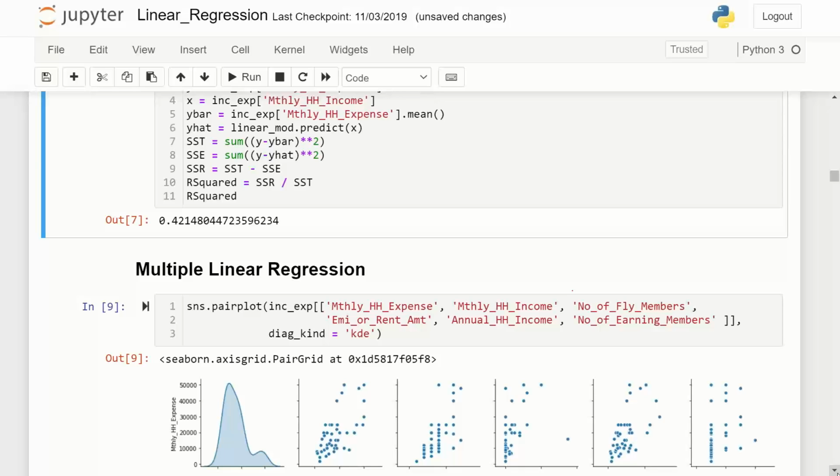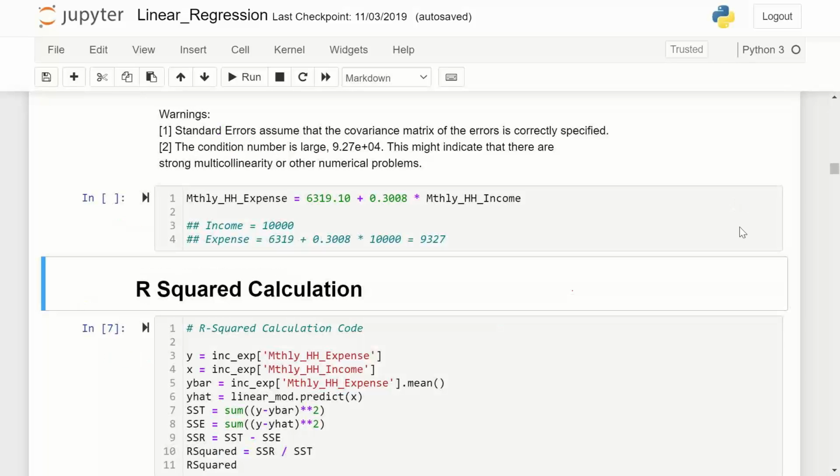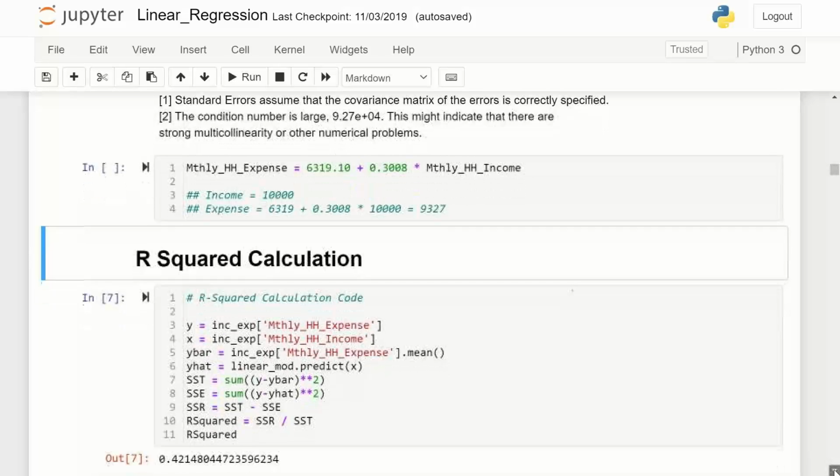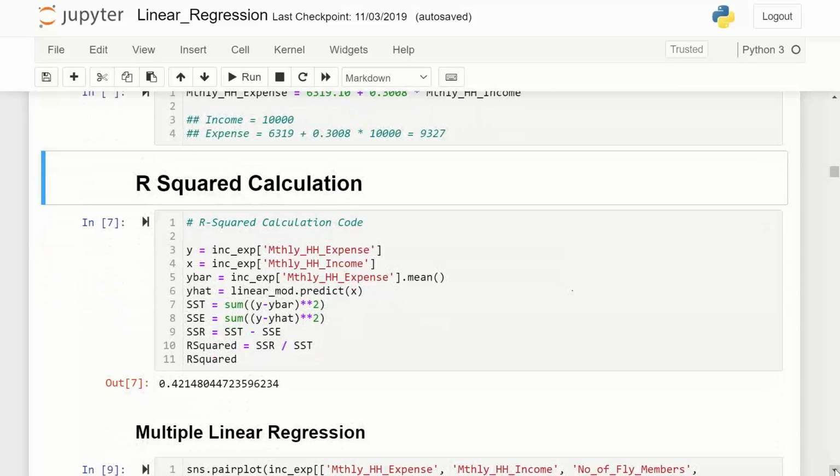In a simple linear regression, we have only one independent variable. When we have more than one independent variable, we call it multiple linear regression. So quickly we'll get into multiple linear regression. In the meantime, just try calculating the R squared in Python also. This will help you develop your Python skills, programming skills.